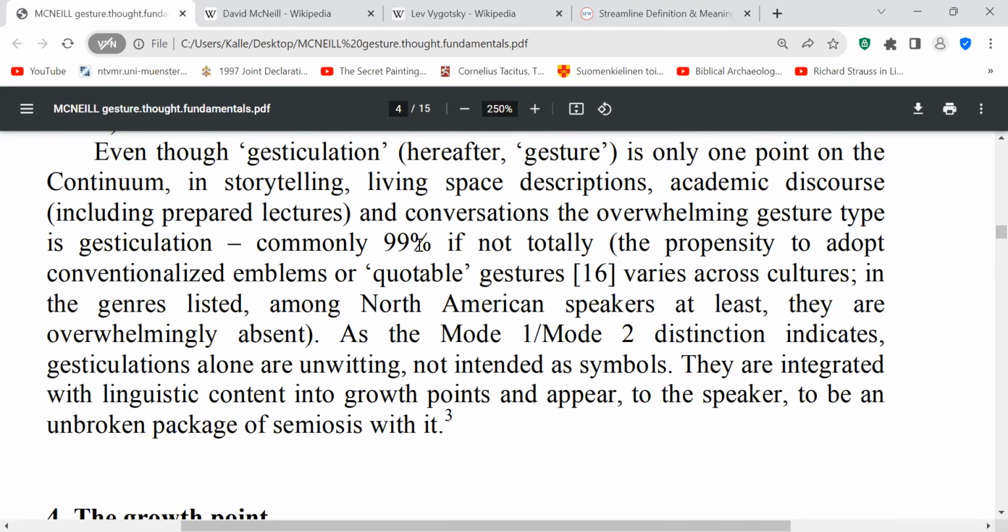Even though gesticulation, thereafter gesture, is only one point on the continuum, in storytelling, living space descriptions, academic discourse, including prepared lectures, and conversations, the overwhelming gesture type is gesticulation, commonly 99%, if not totally.